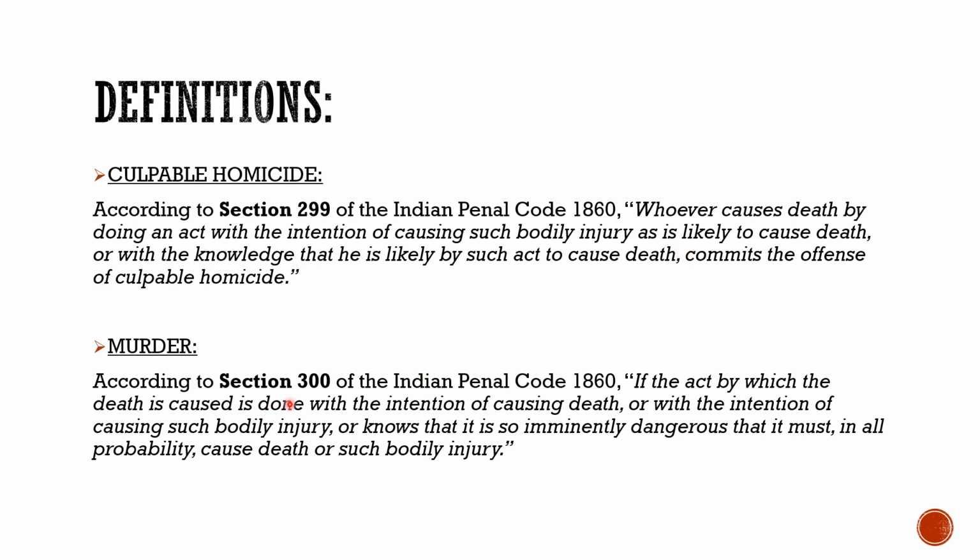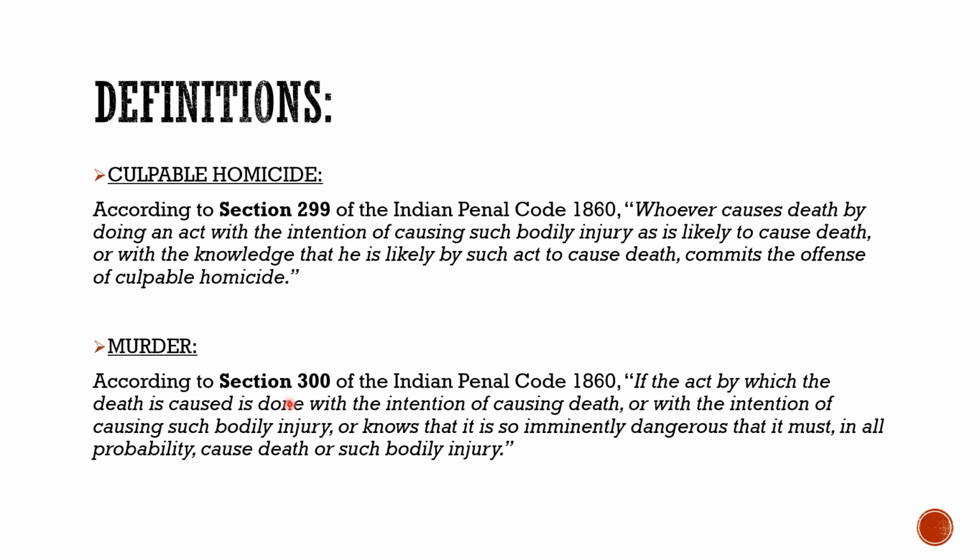Now murder. According to section 300, it involves the intentional causing of death with the requisite mental state. Murder may be classified as either culpable homicide amounting to murder or murder with specific circumstances defined in the section.